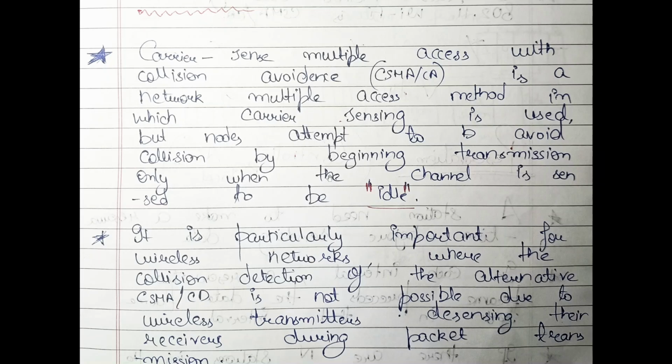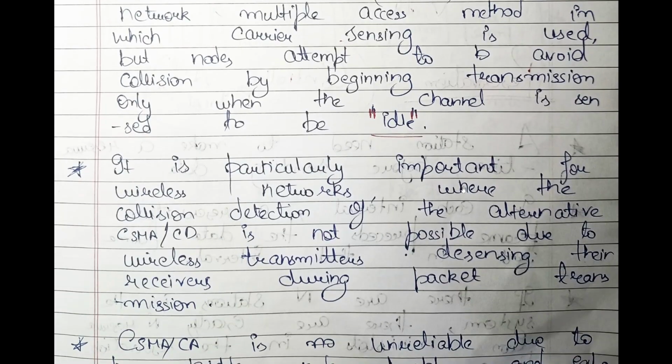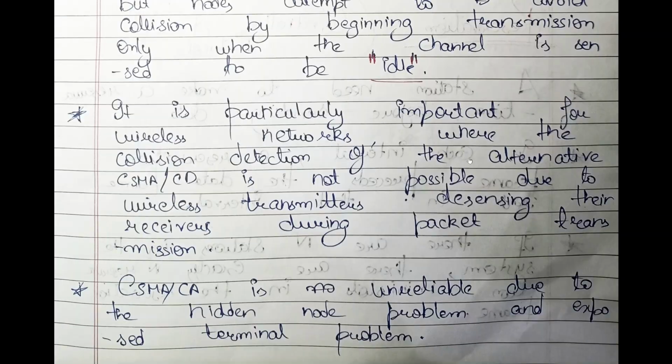It is particularly important for wireless networks, where collision detection as in CSMA CD is not possible due to wireless transmitters deafening their receivers during packet transmission. As I mentioned, this is the reason why CSMA CA is used in wireless mediums.